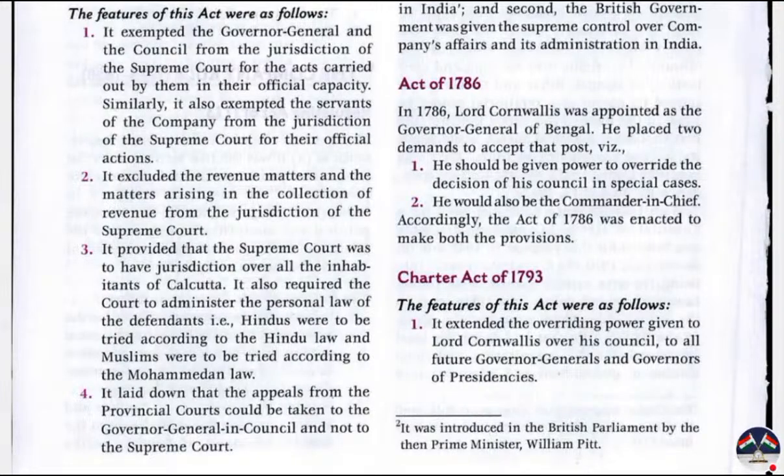Firstly, it exempted the Governor General and Council from the jurisdiction of the Supreme Court for the acts carried out by them in their official capacity. Similarly, it also exempted the servants of the company from the jurisdiction of the Supreme Court for their official actions.